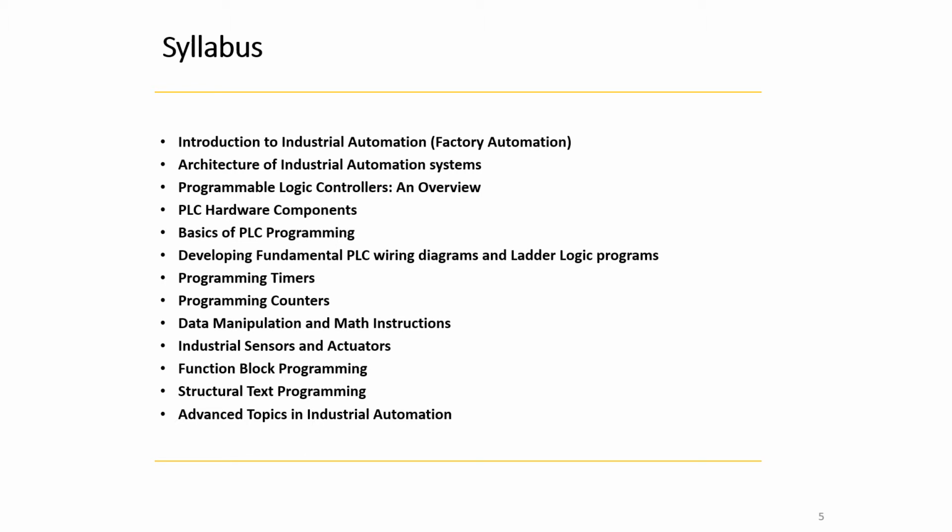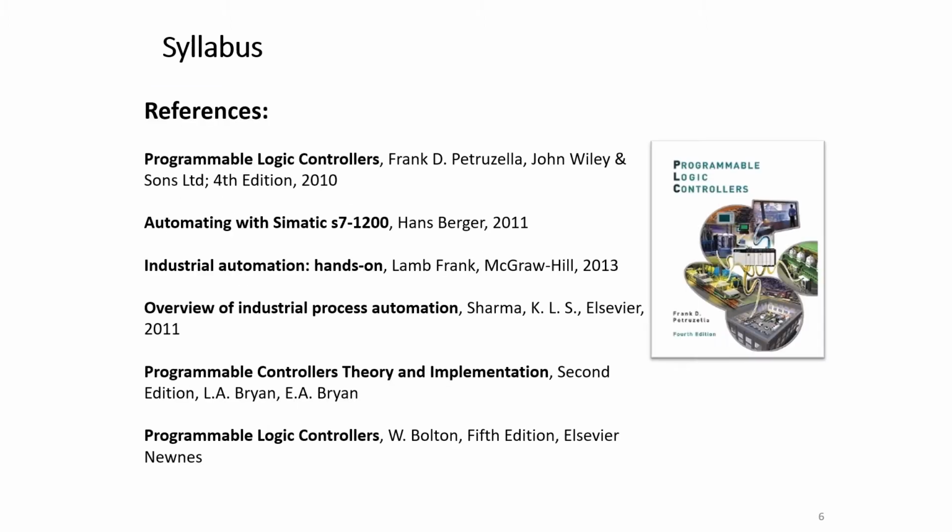Architecture of Industrial Automation Systems, Programmable Logic Controllers and Overview, PLC Hardware Components, Basics of PLC Programming, Developing Fundamental PLC Wiring Diagrams and Ladder Logic Programs, Programming Timers, Programming Counters, Data Manipulation and Math Instructions, Industrial Sensors and Actuators, Function Block Programming, Structured Text Programming, and advanced topics in industrial automation.